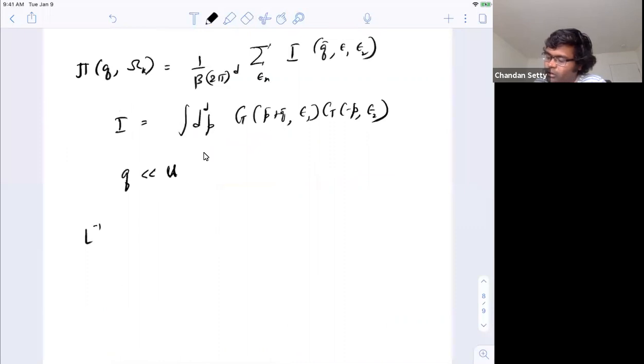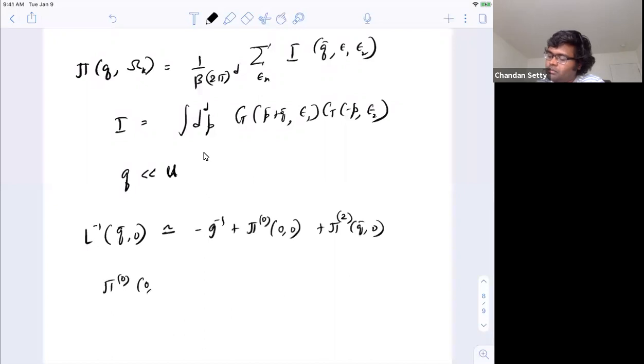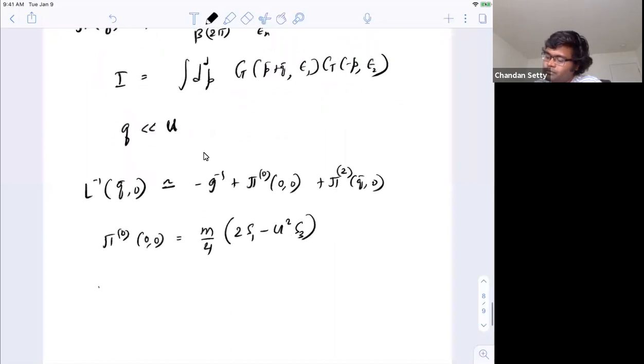You will find that it takes the following form. In the static limit, we have some interaction minus G inverse plus pi 0, where pi 0 can be broken up, and this separation into terms that are proportional to U square and not proportional to U square is crucial, and I'll tell you why.